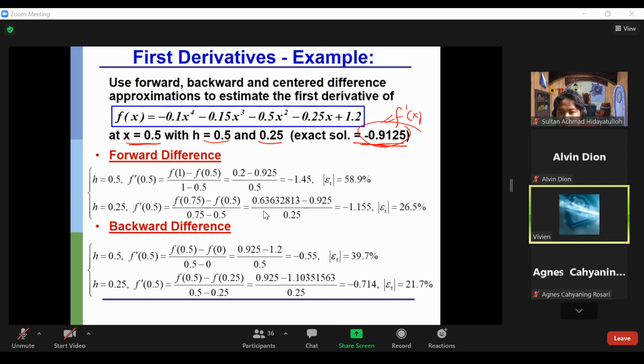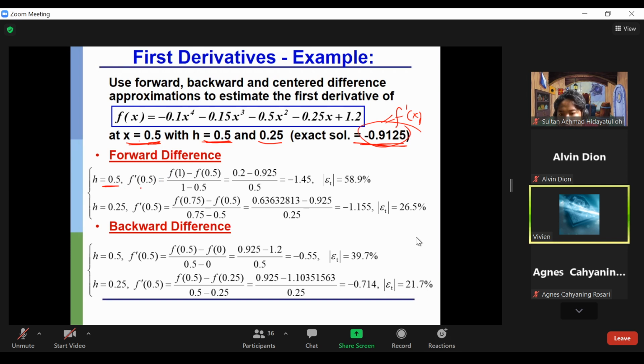So if we want to calculate at 0.5, we need to connect that with the point after, so plus 0.5, with h or interval size of 0.5.